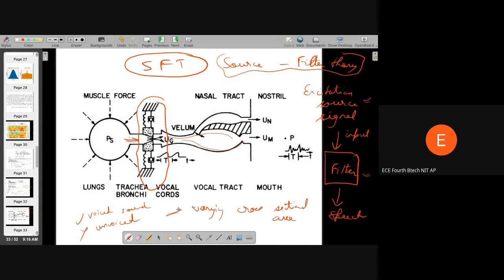Then you have this tube of varying cross-sectional area, which we call the vocal tract. At the end of the vocal tract, mostly we utter via our mouth or oral cavity through the lips.